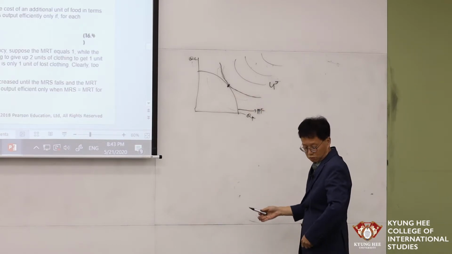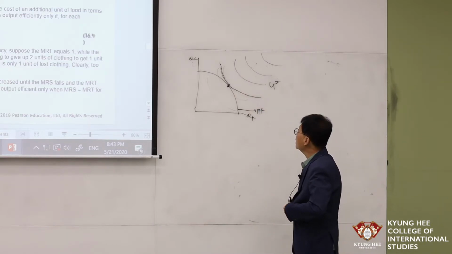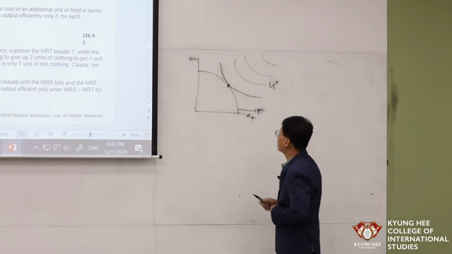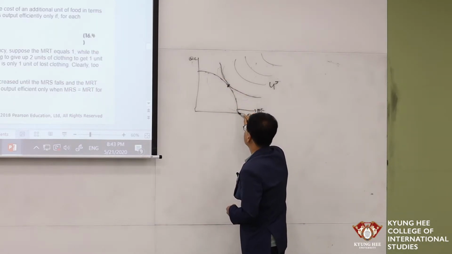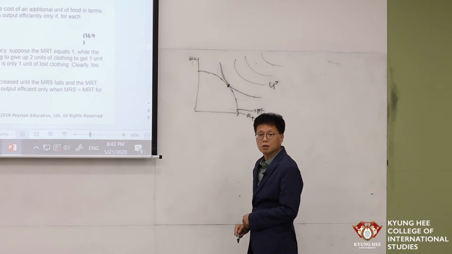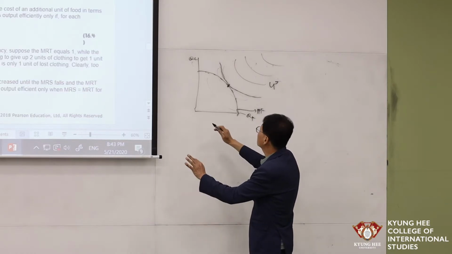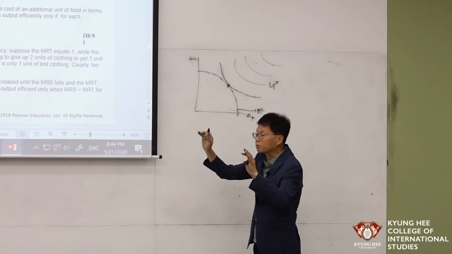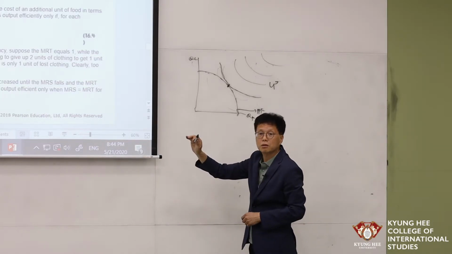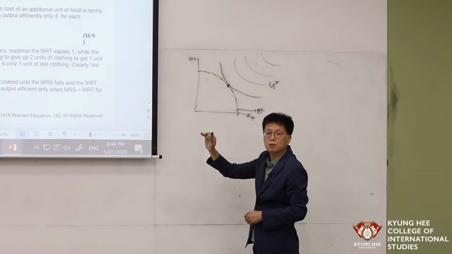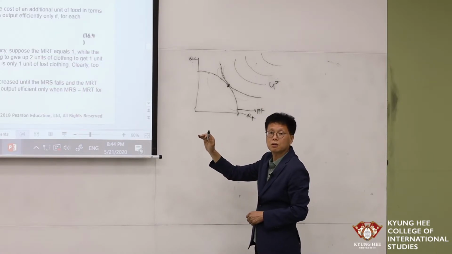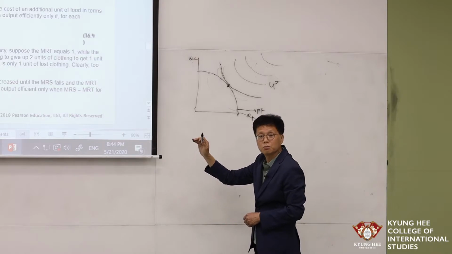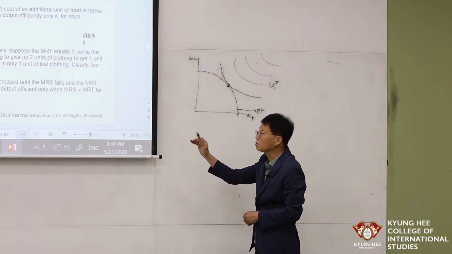Anyway, one country or one individual, right? So production should occur at one point on this production possibility frontier, and we want to touch the highest indifference curve. So we maximize after production, reaching the highest utility level from the consumption of both goods, right?